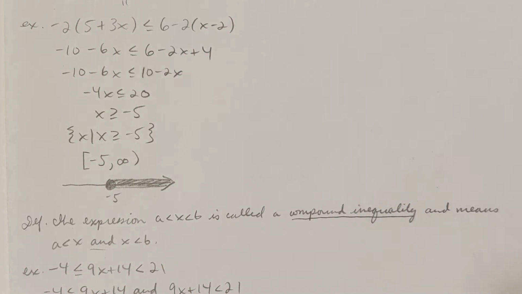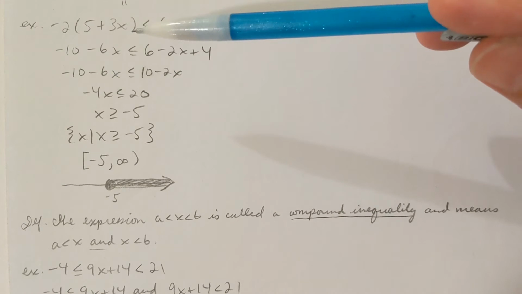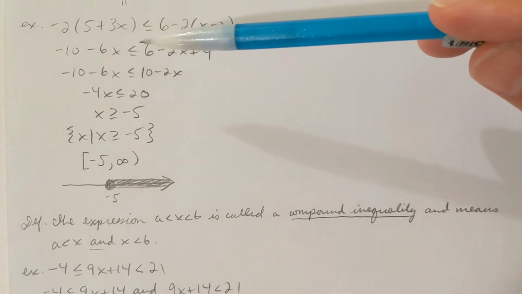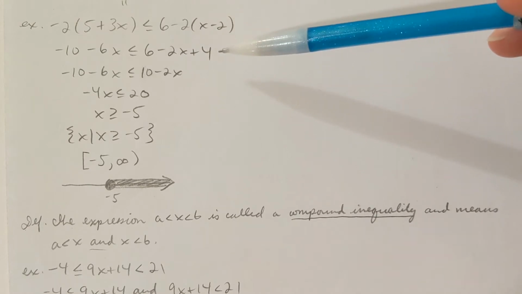Okay, so suppose that we want to solve -2 times 5 plus 3x less than or equal to 6 minus 2 times the quantity x minus 2. When I distribute -2 into those two terms, -2 times 5 is -10, -2 times 3x is minus 6x, less than or equal to 6 minus 2x plus 4.